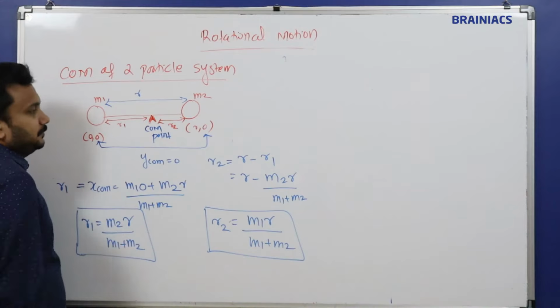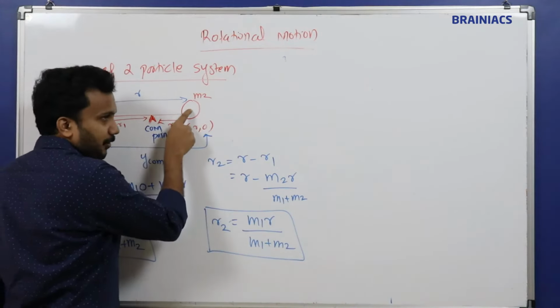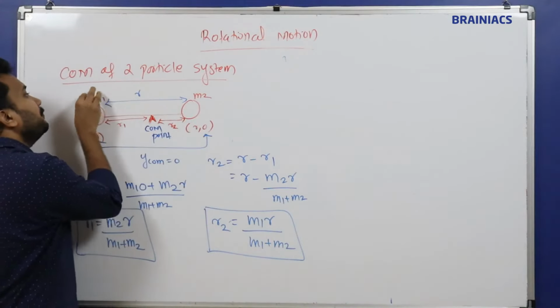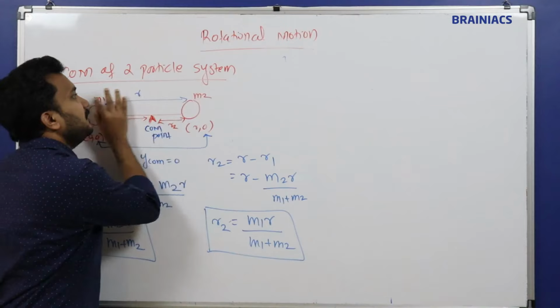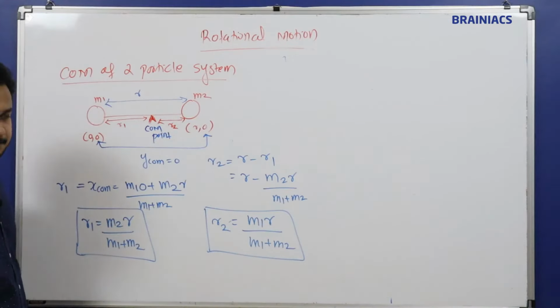Other way around, the center of mass point from the second body, that is R2, is equal to the first body into the distance between these two bodies divided by the sum of the masses.